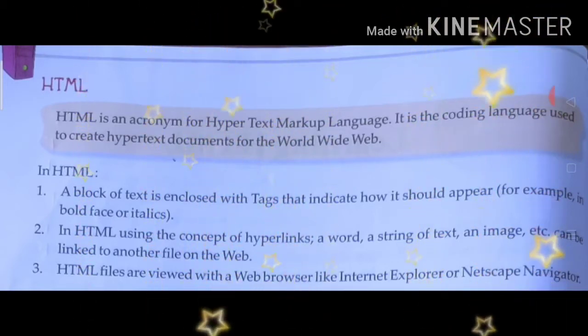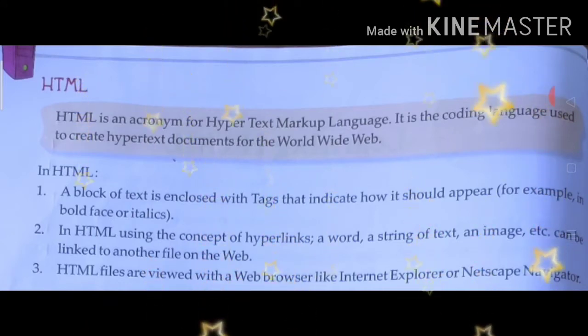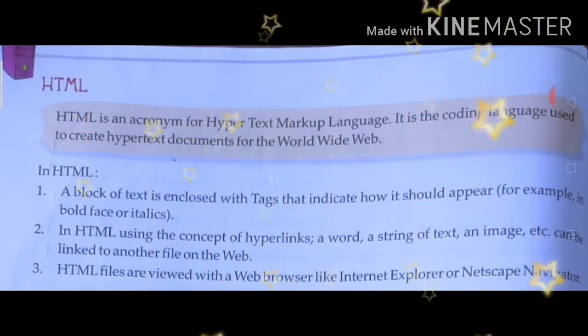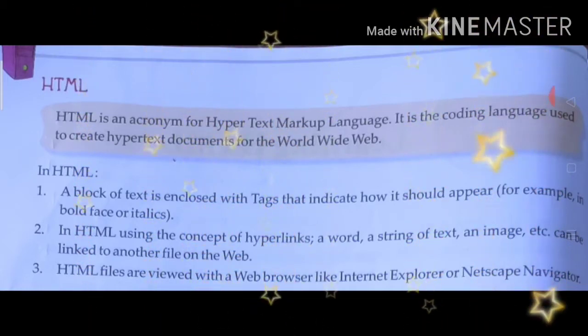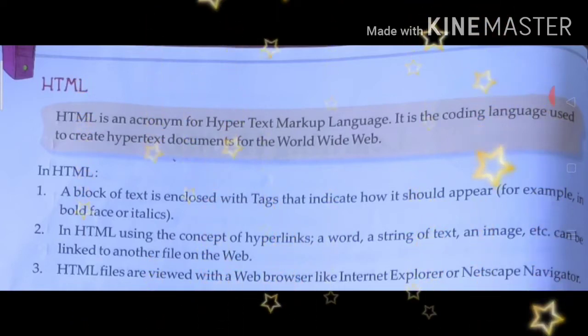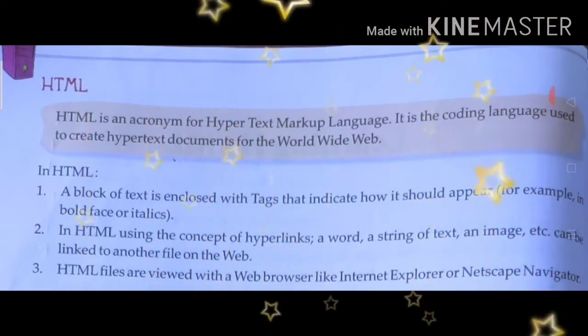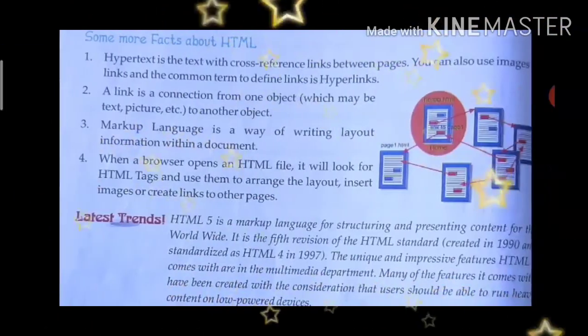Second point, using the concept of hyperlinks, a word, a string of text, an image, etc. can be linked to another file on the web. Third point, HTML files are viewed with a web browser like Internet Explorer or Netscape Navigator.